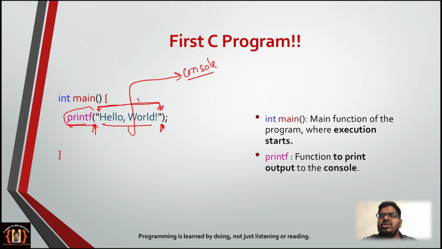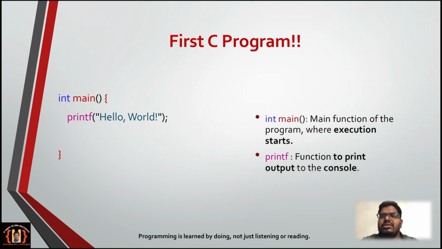And further you need to also remember this: every statement, unless mentioned otherwise, should end with a semicolon. Otherwise the compiler will give you syntax errors. As I said earlier, I mentioned what the meaning of syntax is. So it should follow this format only.